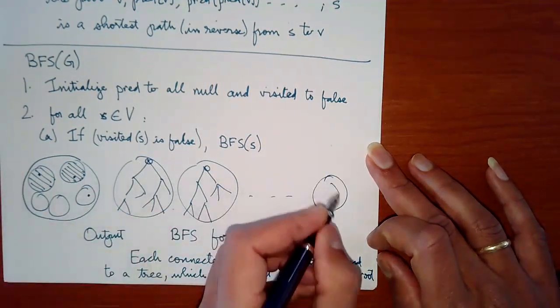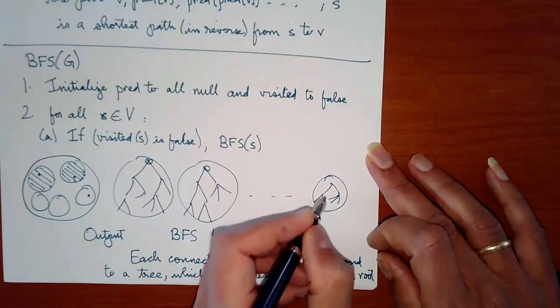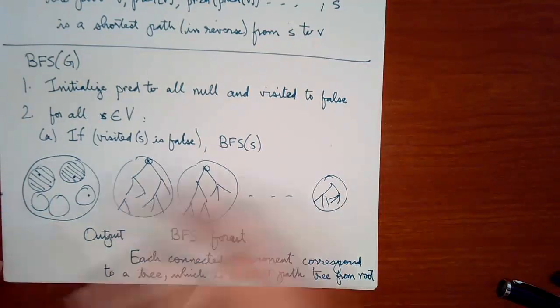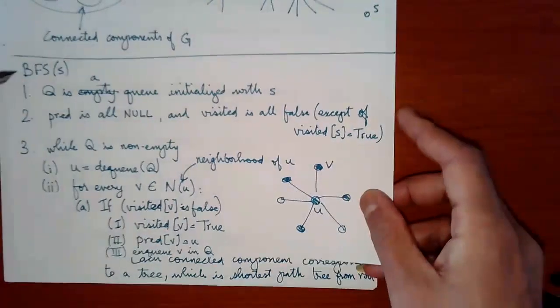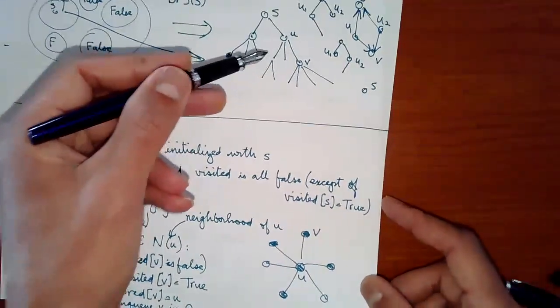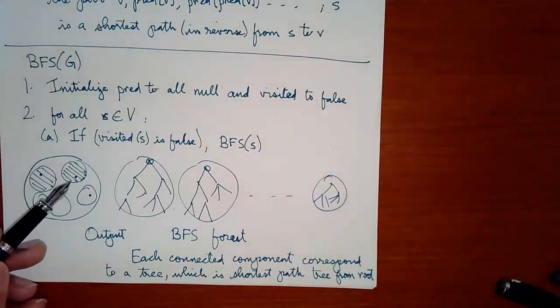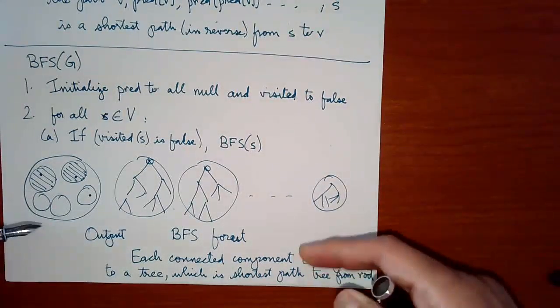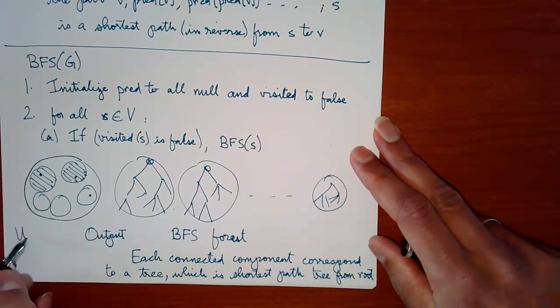So you get a tree for every connected component, because when you call BFS of S, it's going to call this procedure, which is going to output the tree that we just talked about. The next one is going to output another tree, and so on. What I have drawn here is for the undirected case.